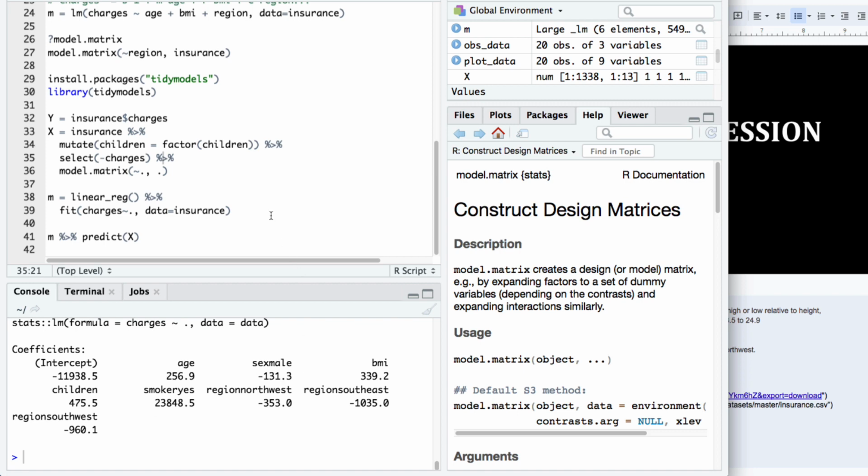But you always want to look at your data and understand what's being turned into a dummy variable and what's being treated as continuous, and make sure that you're doing that intentionally and not just relying on the defaults in R to make a good choice for you, because it might not be the right way to do it. So I think that's just about everything that I wanted to say about how to actually do linear regression in R.